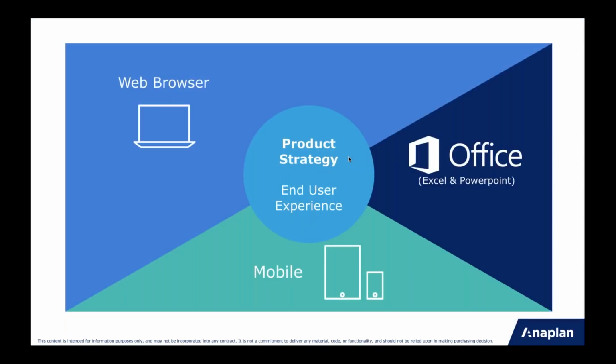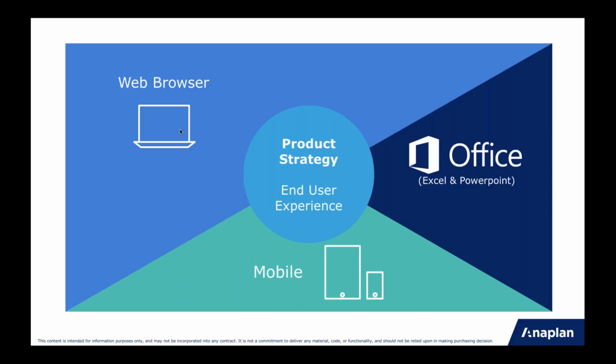Before I get started, I wanted to talk about the wider strategy around the end user experience that we're working on here on the product. We basically have this split into three areas. The first of these is the experience through the web browser. This is the main interaction with Anaplan through the desktop.